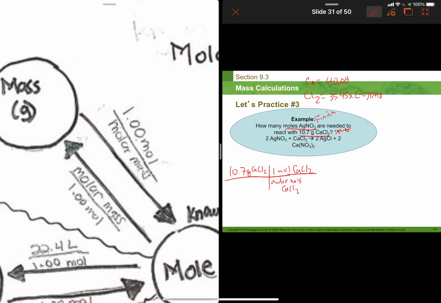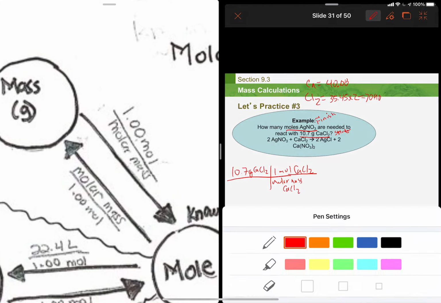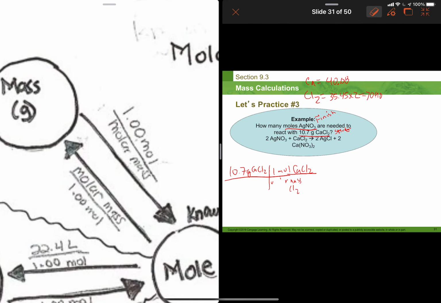That gives us 110.98 grams of CaCl2. Okay, now this way we get rid of grams.